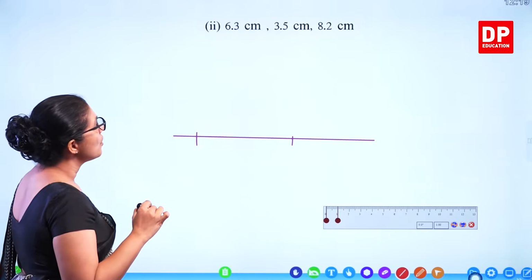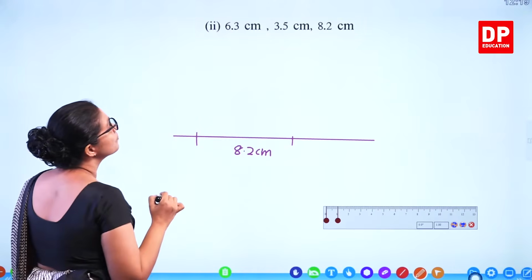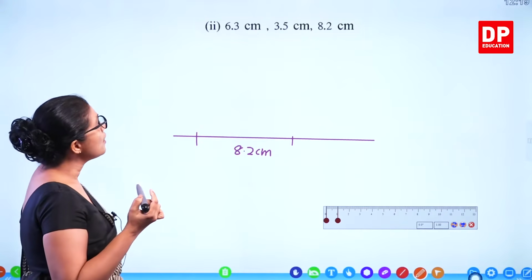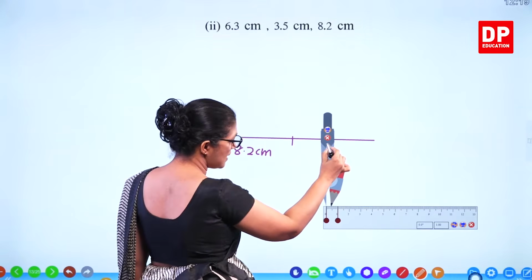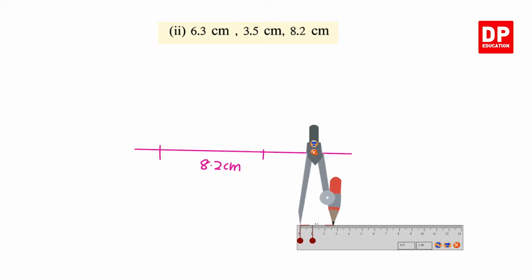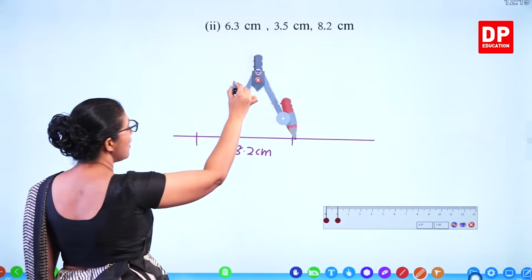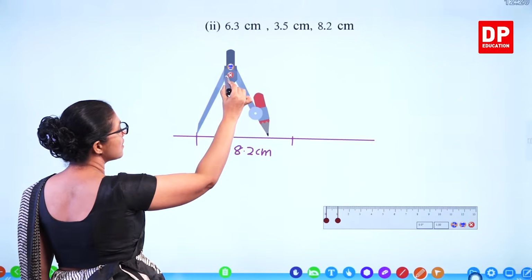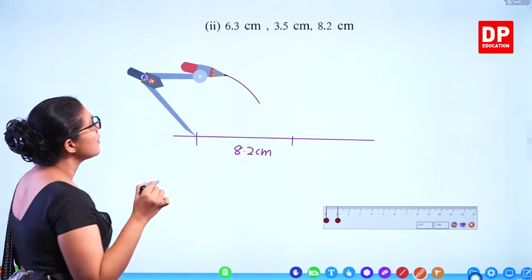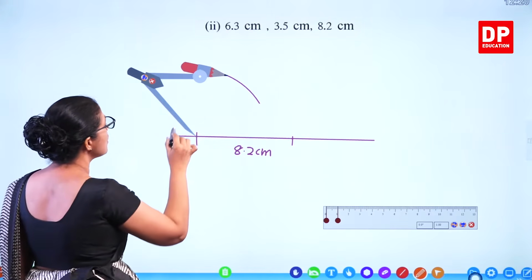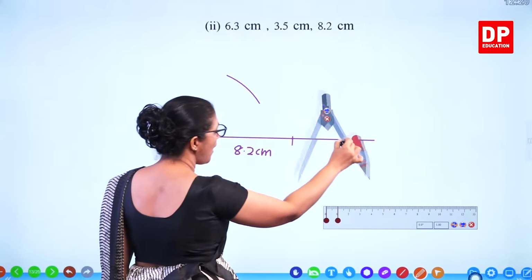Now this is 8.2 centimeters. We have to mark 6.3 and 3.5. So take the compass and measure 6.3 length. Then you keep the compass on top of one arc and draw the arc in the middle. And what we do next? We have to measure 3.5.